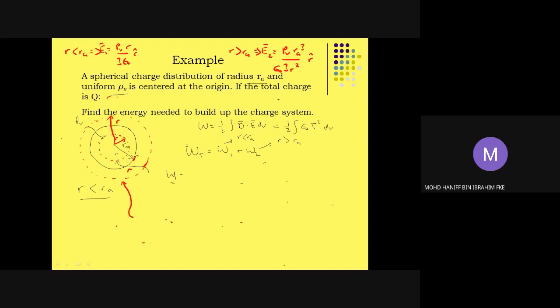So W1, based on this equation, will be half the integration of epsilon naught E1 squared dV.